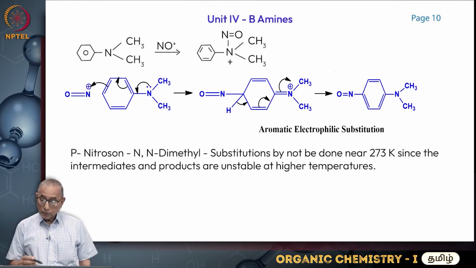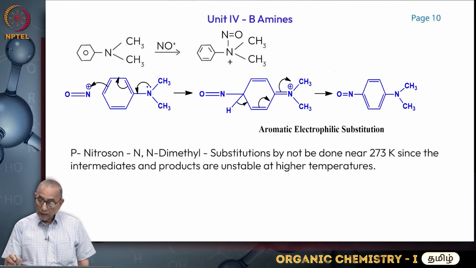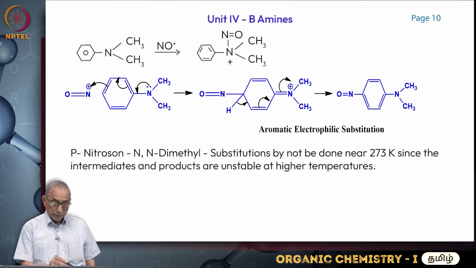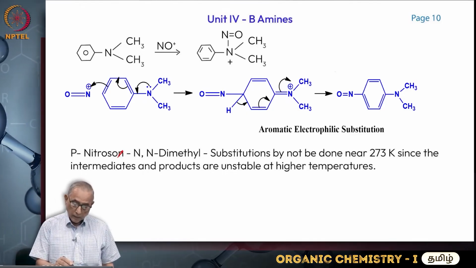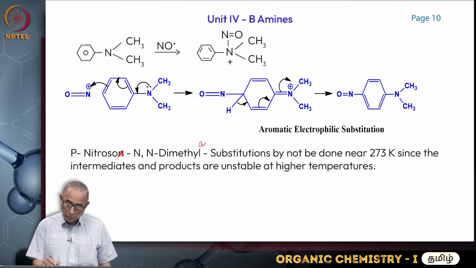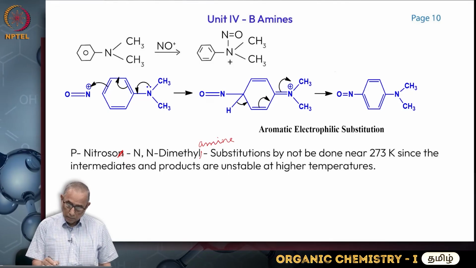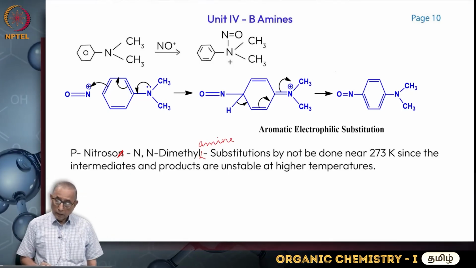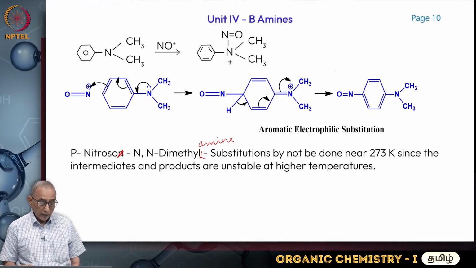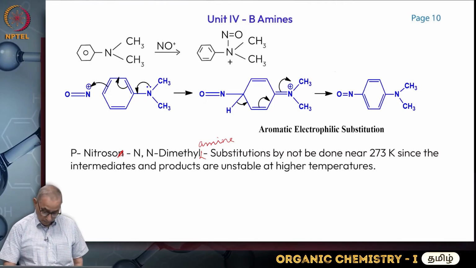You get 4-nitroso-N,N-dimethylaniline, para-nitroso-N,N-dimethylaniline. This should be done near about 0 to 10 degrees, as this NO plus group is very unstable.